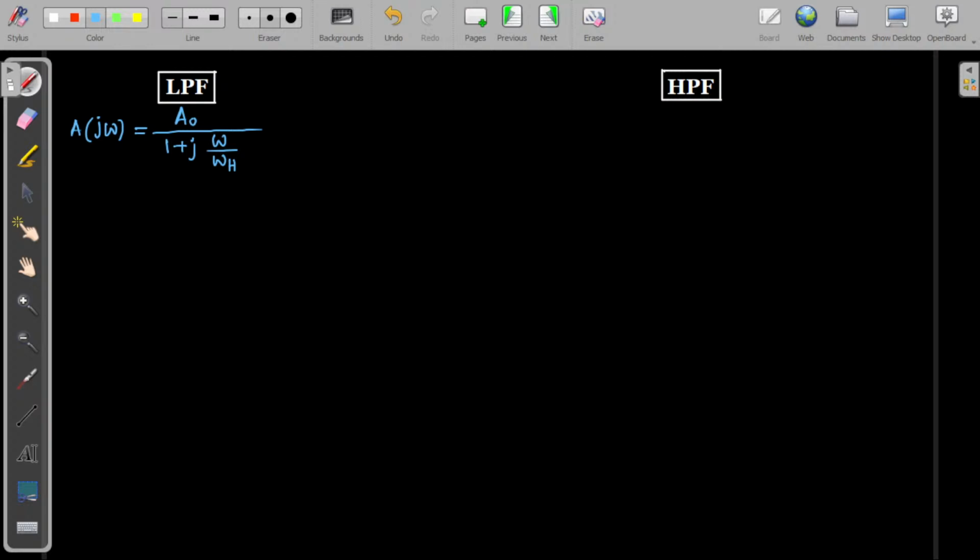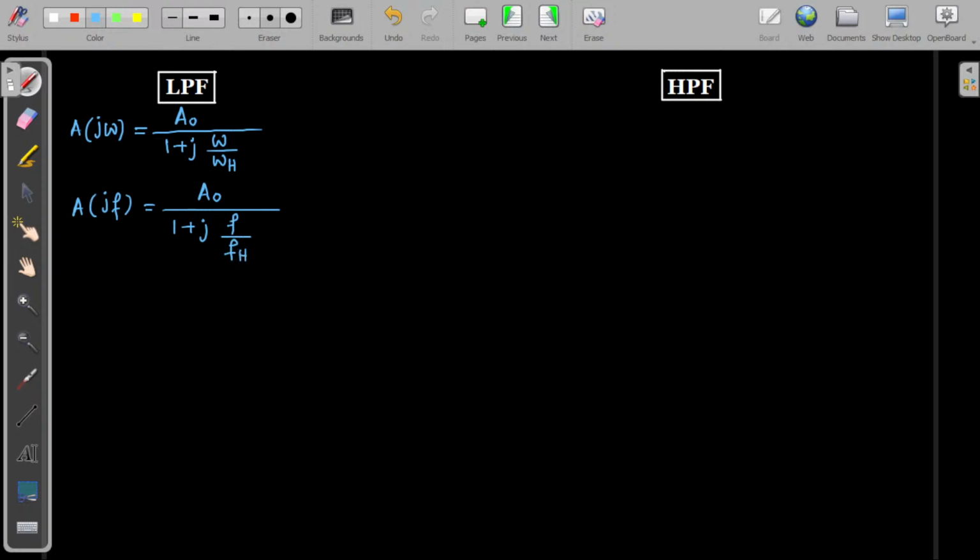If I write this in the linear frequency format, that is A(jf), it can be written as A0 divided by 1 plus j f by fH.